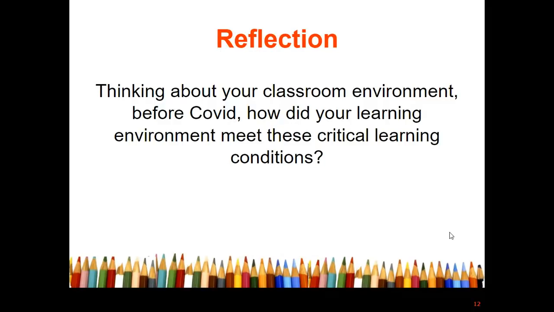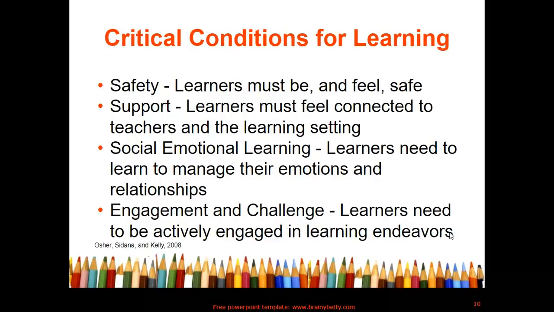So think about your classroom environment before COVID, obviously. How did your learning environment meet these critical learning conditions? Did you feel that your students always felt safe with you and in your classroom, in the school? Do you think they felt supported and had a connection between you, between all the staff in the classroom, between the kids?